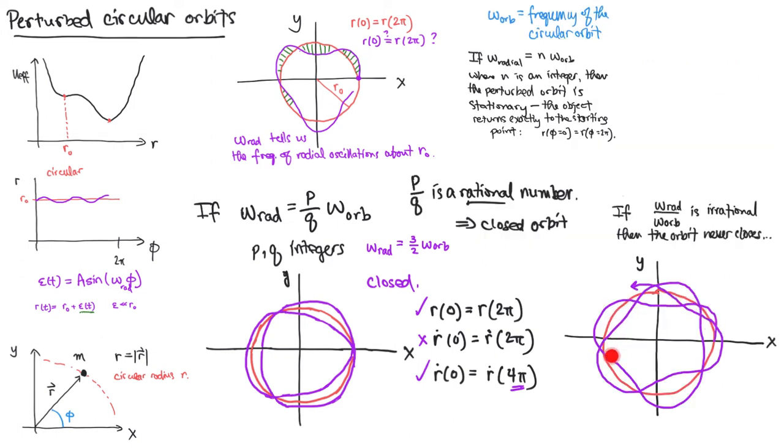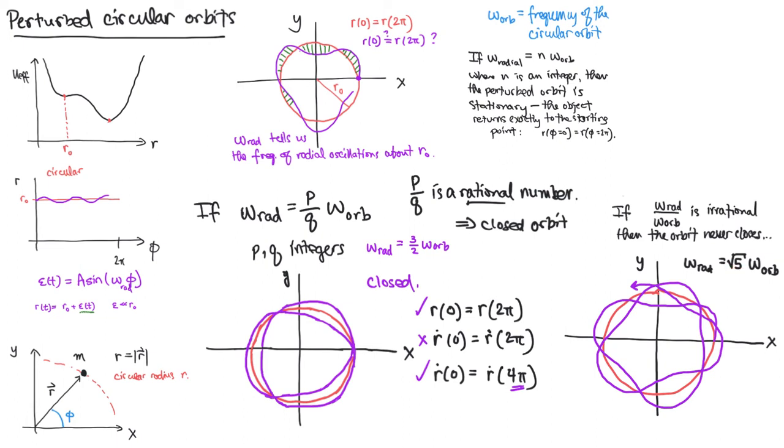So here we have that red circular orbit, and then we have, in purple, a perturbed orbit that is oscillating about the circular orbit, but it never closes in on itself. So let's see, in this case, I just kind of made it up, but we have 1 cycle, 2 cycles, 3 cycles, so between 2 and 3 cycles per orbit. So the square root of 5 is a number that's somewhere between 2 and 3, and that is an irrational number.